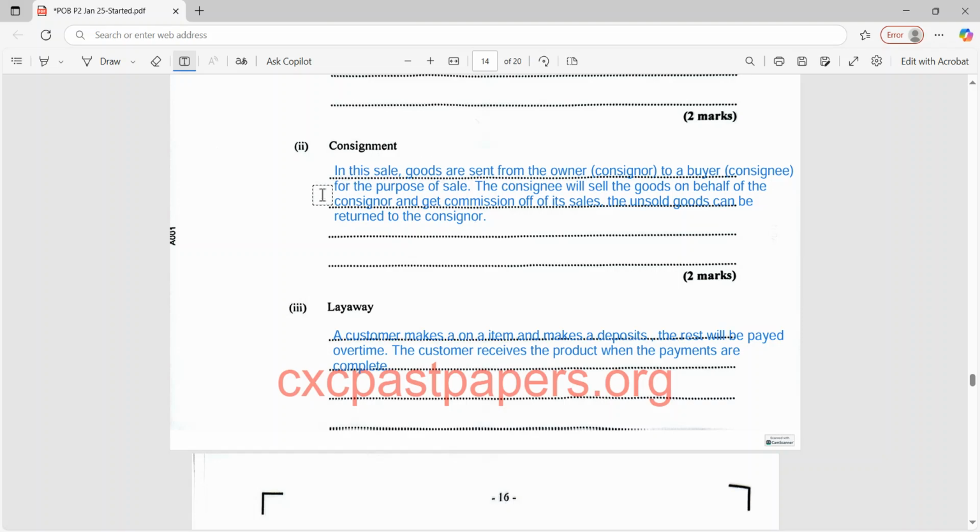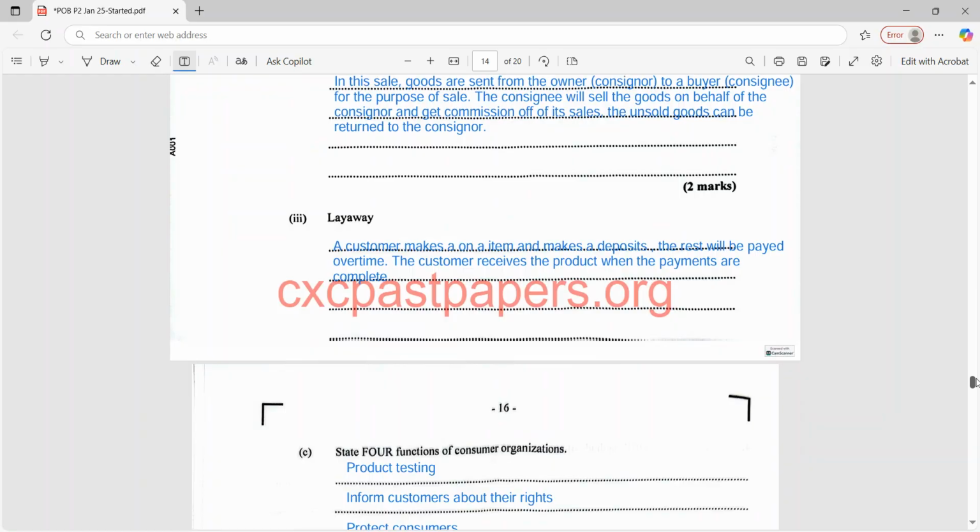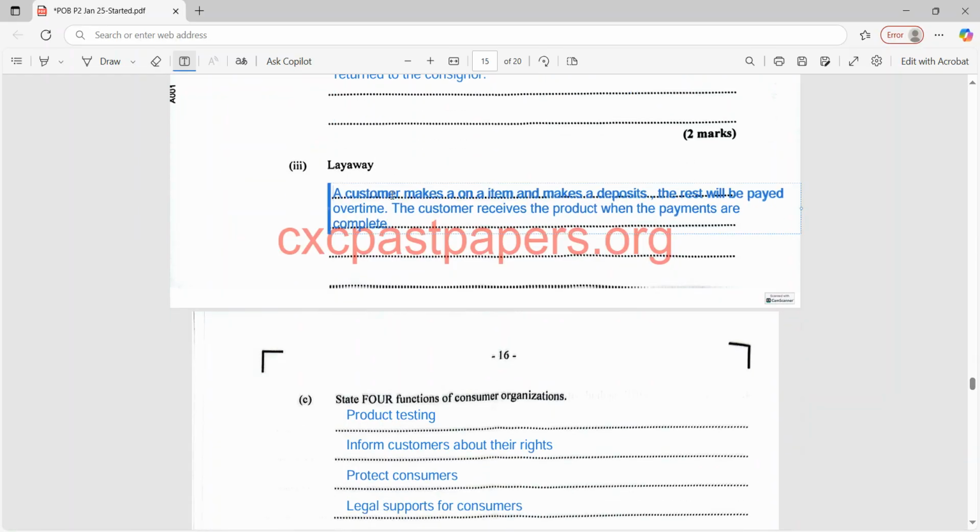And we should be familiar with the process of consignment. Then we have layaway, where a customer makes a deposit on an item and pays the rest over time.